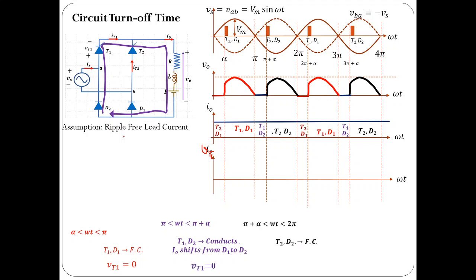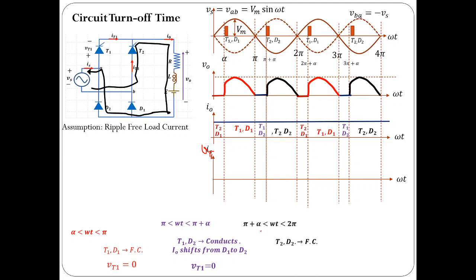From pi plus alpha to 2 pi, T2 and D2 are going to conduct, and the thyristor 1 cathode terminal is short circuited to terminal B of the source through thyristor 2. So the voltage across thyristor 1 with this polarity is VT1 equal to VAB during the period from pi plus alpha to 2 pi.